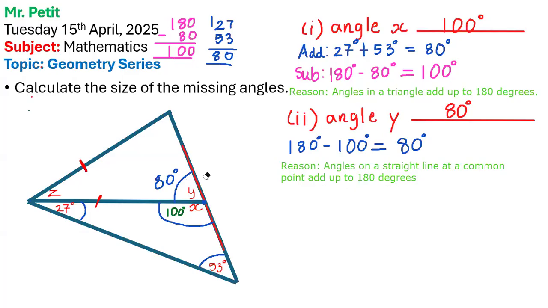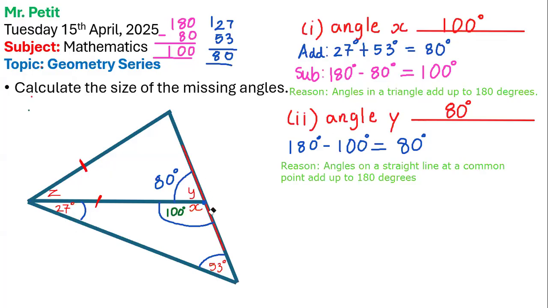What's the reason? Why did I do it? Because there was an up to... I can't hear you. You're breaking up. What was the reason? It says right there: because these two angles are on a straight line.